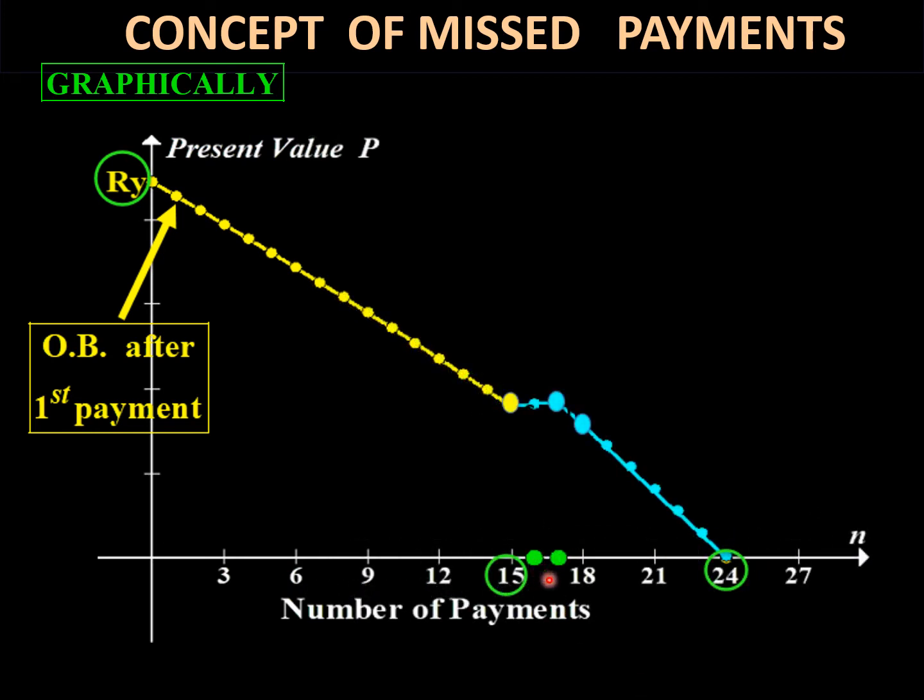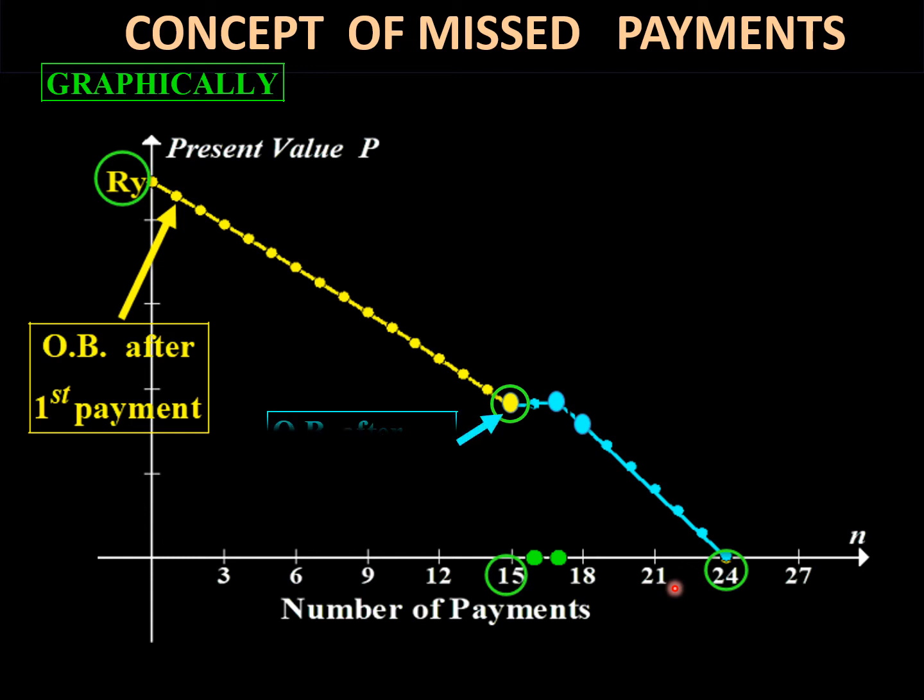Payment number 16 and number 17 were missed. So you need to know what that balance is. We have to calculate the balance here, because that outstanding balance will now grow for 2 months, and then you'll make your payment on the 18th again. And you'll still try to stick to your original agreement of 24 months.